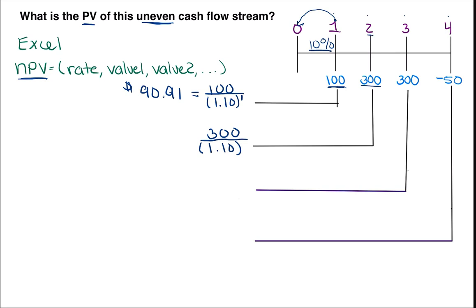So I'm here at 2, I'm going to come back 1, 2 compounding periods. And when I do that calculation, I get $247.93, rounding the cents.